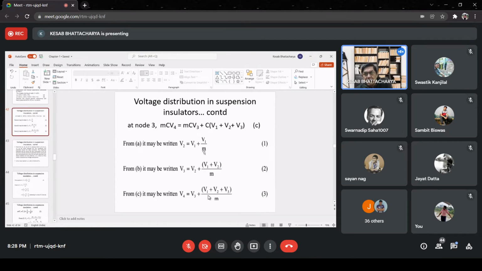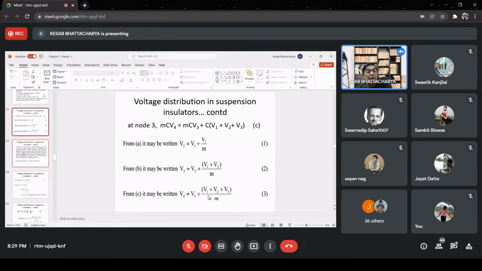M is always positive, greater than or less than 1, that we shall discuss afterwards. But whatever may be the value of M, V2 is V1 plus some fraction of V1. Therefore, V2 is always greater than V1. Likewise, V3 is V2 plus some fraction of (V1 plus V2). So V3 will be even greater than V2, and likewise, V4 is also greater than V3.